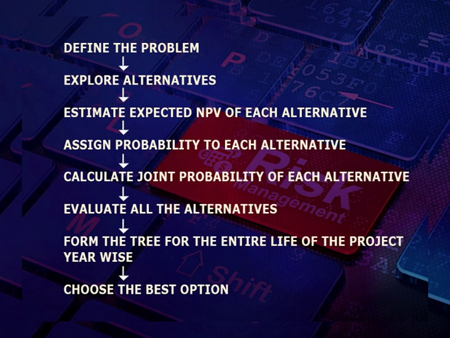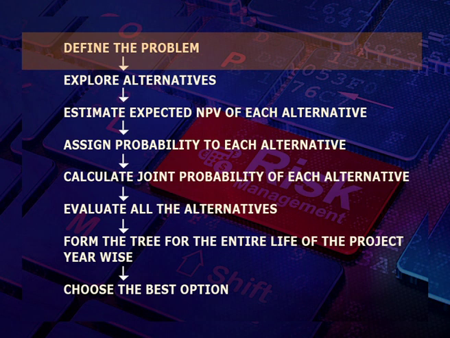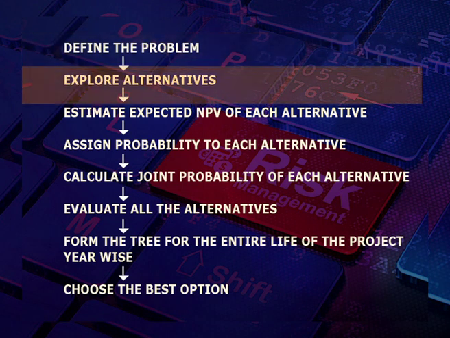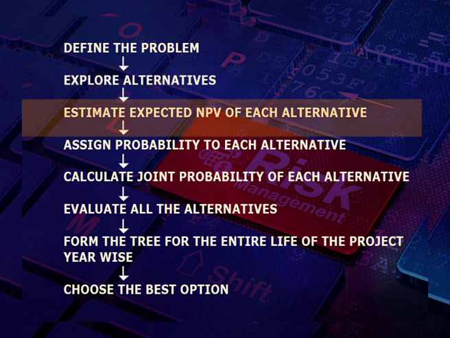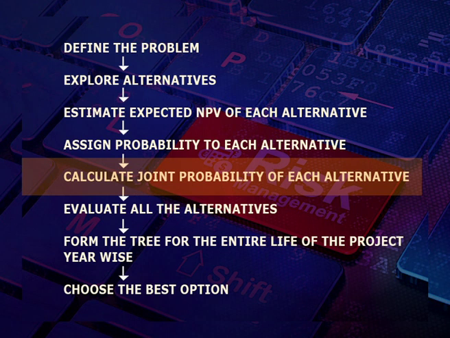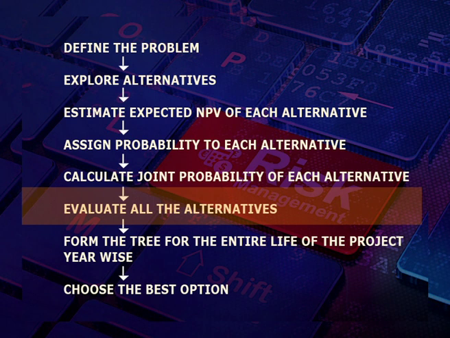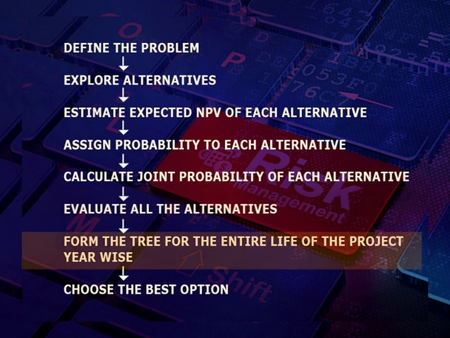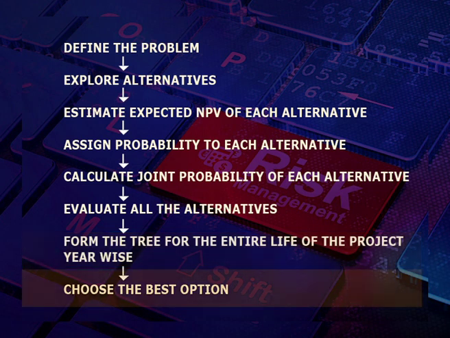The steps in precise sequence begin with defining the problem, exploring all the alternatives available, followed by estimating the expected NPV of each alternative, thereafter assigning probability to each alternative, calculating joint probability of each alternative, then evaluating each one of them, forming the tree for the entire life of the project year-wise, and finally choosing the best option.